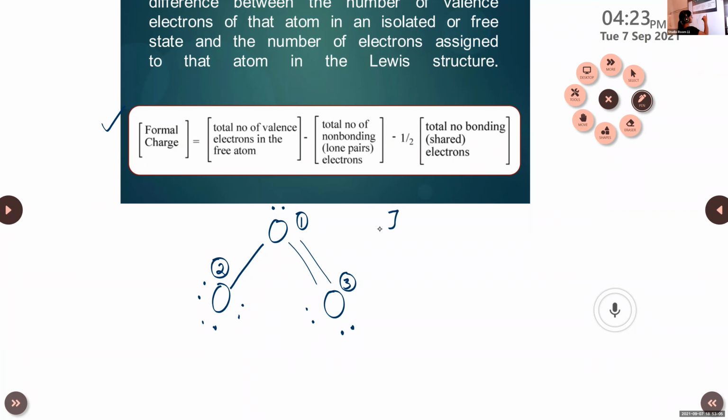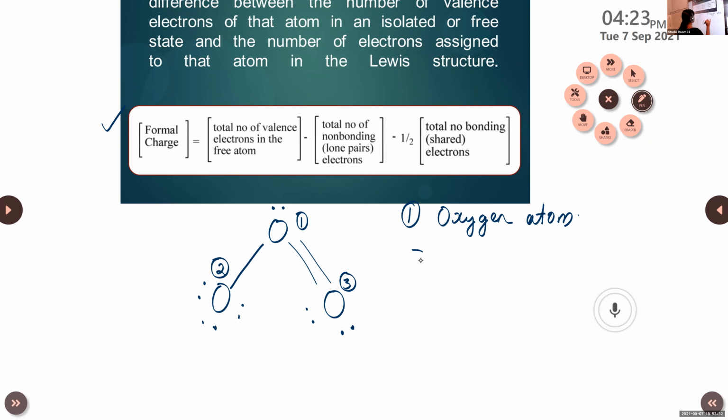So we are starting with oxygen atom 1. First oxygen atom, that means the oxygen atom at the center. So here this is the equation, right? Total number of valence electrons in the free atom minus total number of non-bonding electrons minus half into total number of bonding electrons.